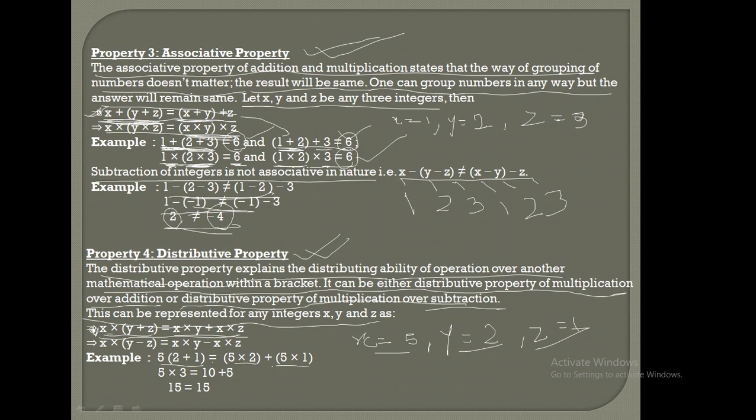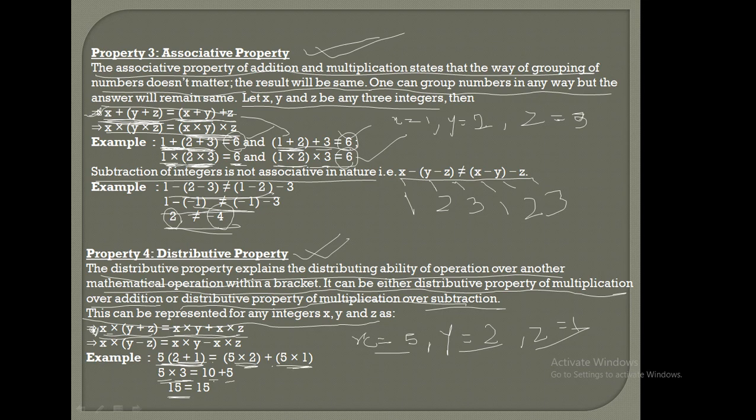Now first of all we will solve the LHS. First of all we will solve the bracket. Outside of this bracket is 5, we can write 5 as it is, and 2 plus 1 will come 3, and when we multiply 5 into 3 it will come 15. Now when we solve the right side, 5 into 2 it will come 10, and plus 5 into 1, 5.